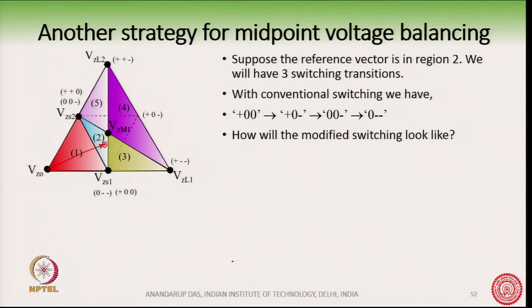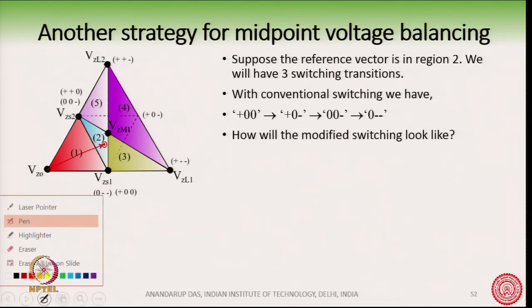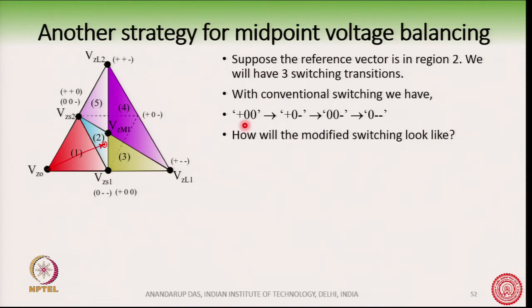If we had used conventional switching to realize this vector, what would we have done? You would have done plus 0 0, plus 0 minus, then going to 0 0 minus, and again coming back to 0 minus minus.